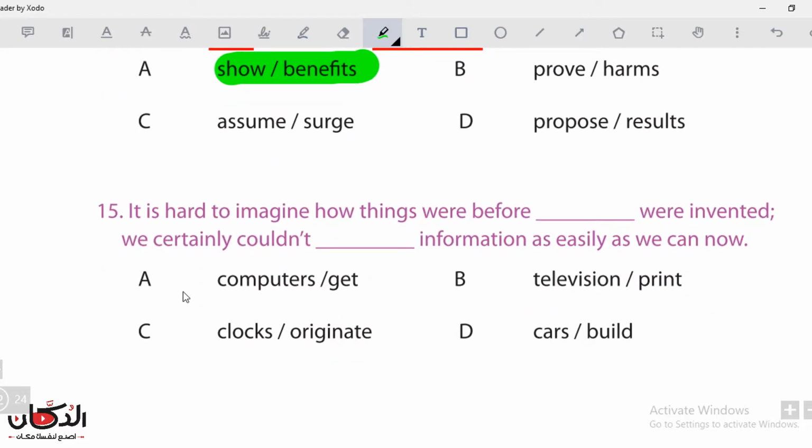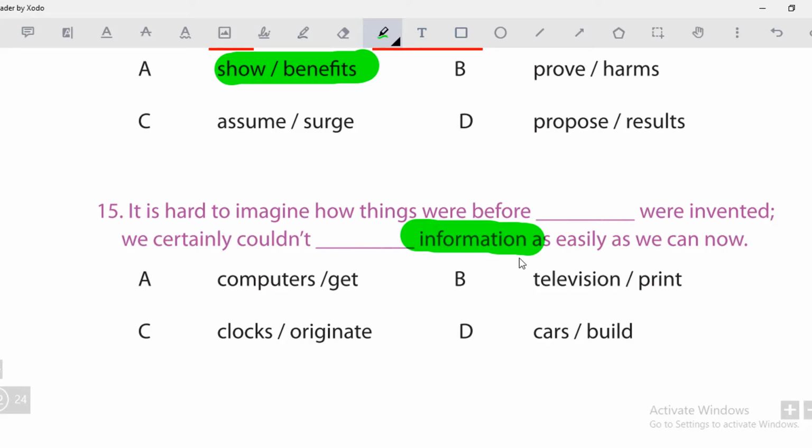Question 15. It's hard to imagine how things were before what? Maybe television, cars. All of the first four words are correct. Were invented. We certainly couldn't... information. So what is related to information? Get information, maybe.